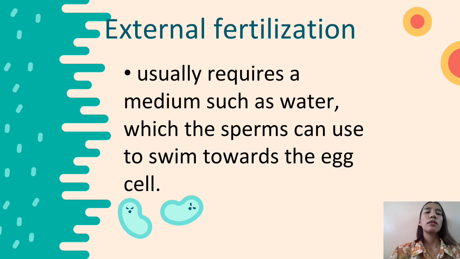Like for example, the female lays the eggs into water and the male frog squeezes out the sperm and then it will be fertilized in the same area. So this is an example of external fertilization. So usually they use water as a medium.